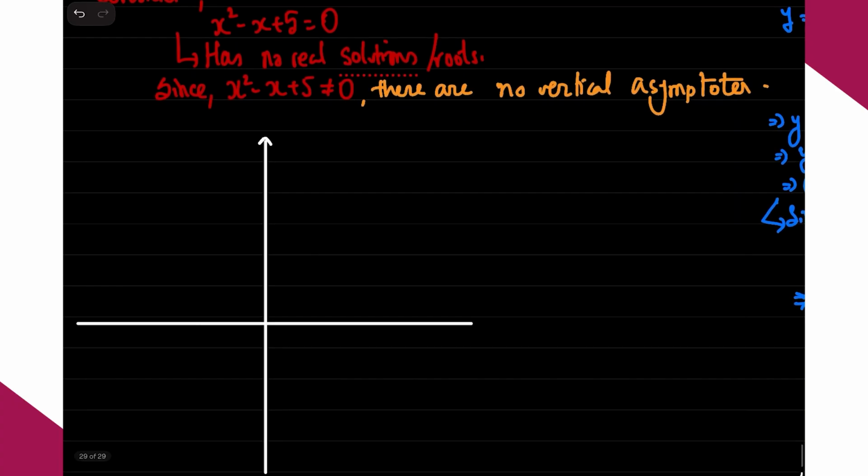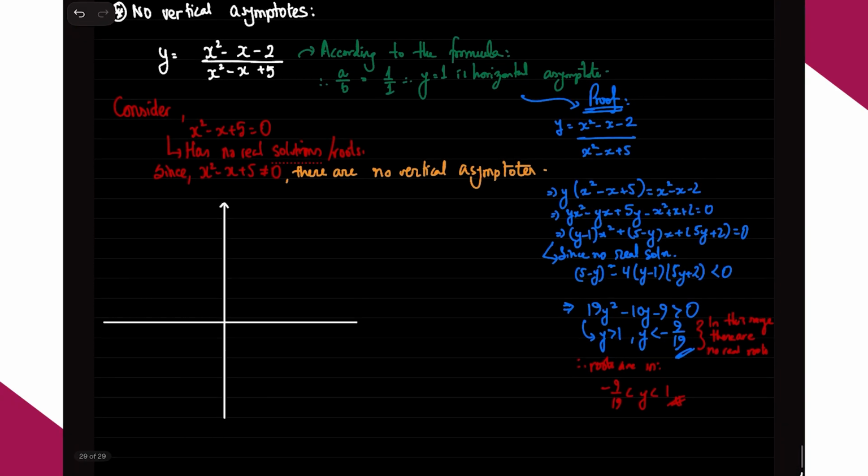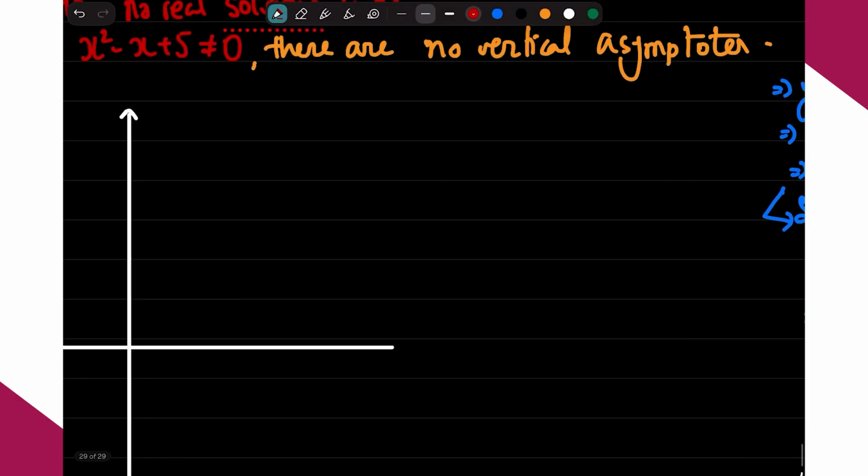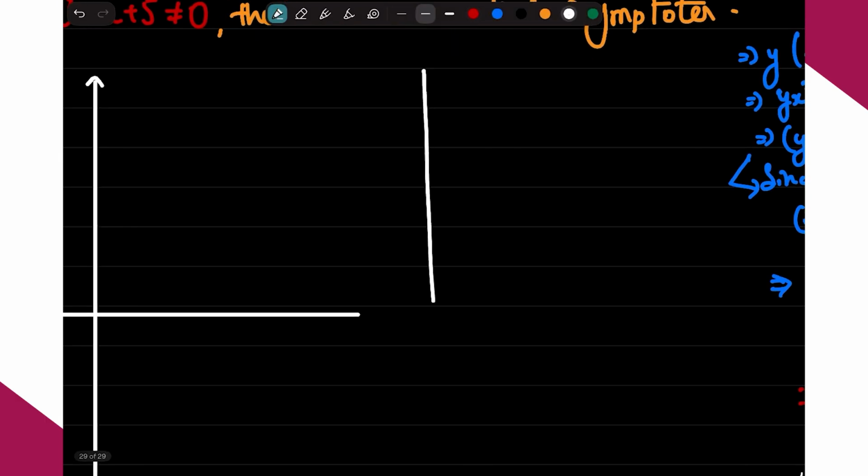Okay, so now our next step for sketching the entire function is, first, let's find points of intersection.